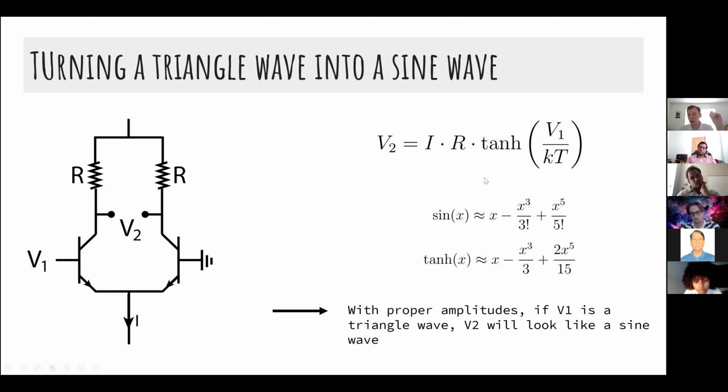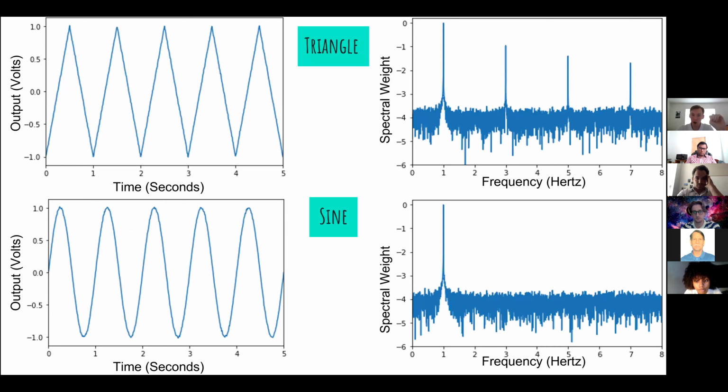That means if we can model the output voltage using hyperbolic tangent, we're going to be forcing it to be a lot more like the sine wave. We're taking the triangle in and clipping it a bit and filtering out some of those higher harmonics.